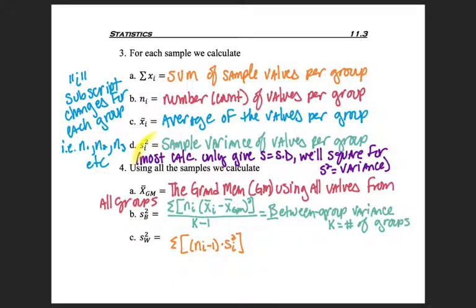But we've already collected the variance from each group, so we're going to multiply that variance that we collected and divide by the sum of each of those sample size counts minus 1. This refers to the within group variance, so the variance within a single group.